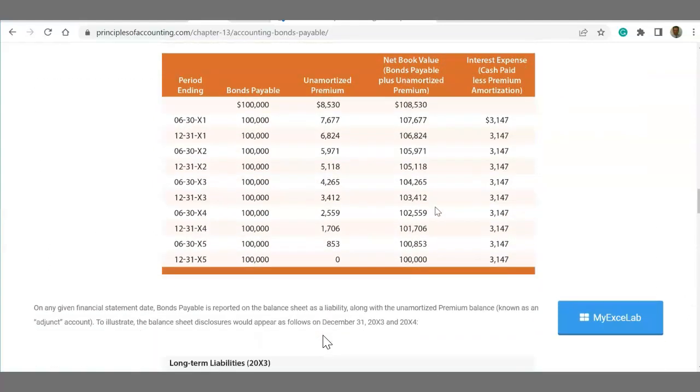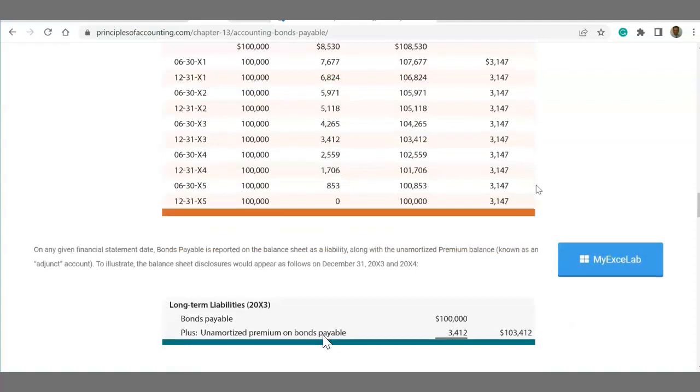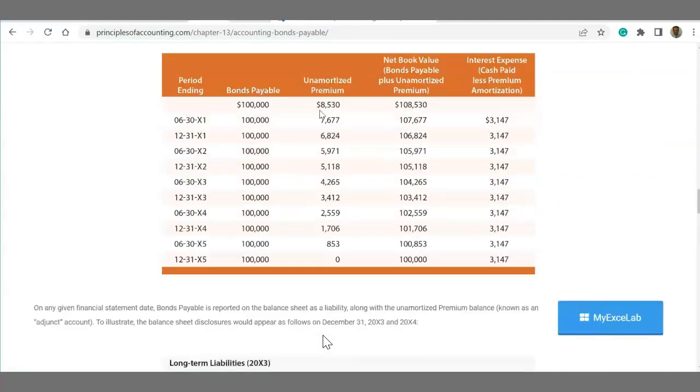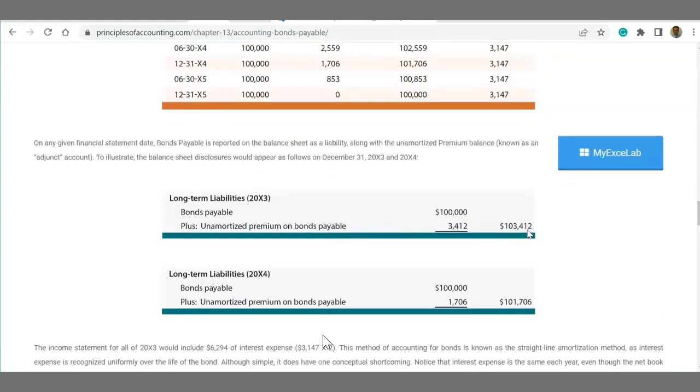So this is a table for you to look at. Let's say we issue this in 2021. Two years down the road, at the end of 2 years, my bond liability is 103,412, which is bonds payable plus the premium that I owe you as an investor.